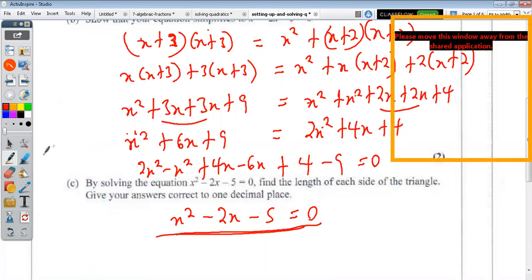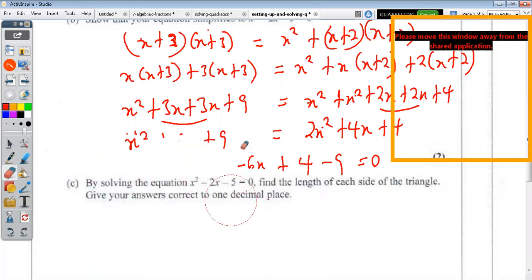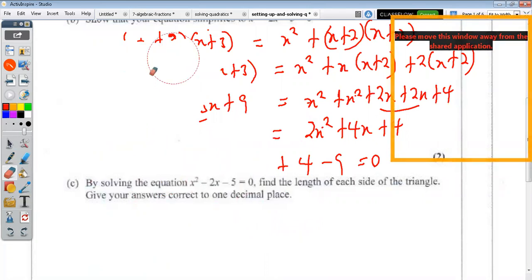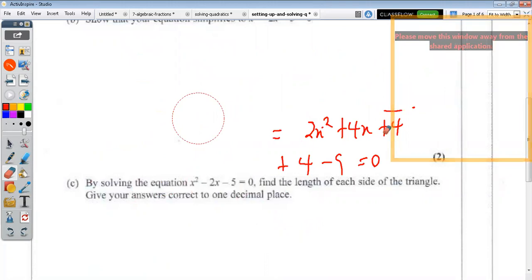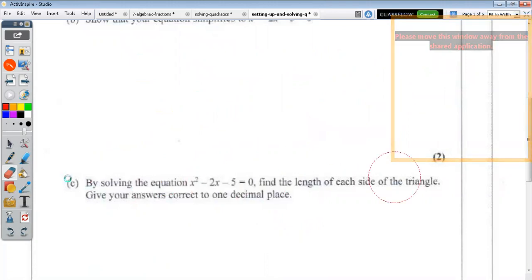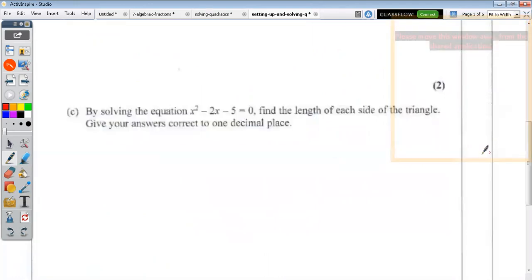the next part, by solving the equation, it means you can't factorize it, but they're saying to 1 decimal place, please. So either you can use quadratic, that's what I said in the other lesson, or you use completing the square. Did I mention completing the square in the other lesson? I remember. Did we do completing the square together?